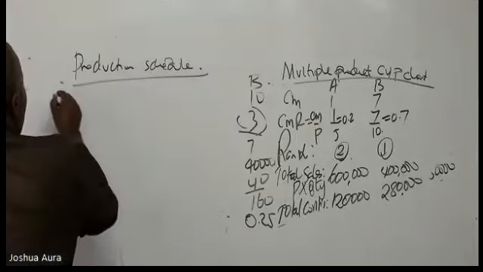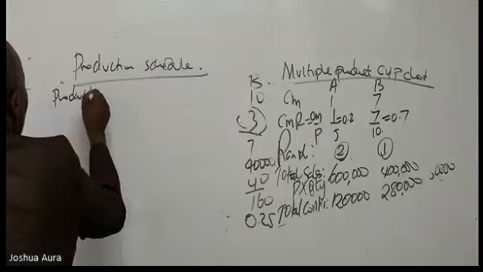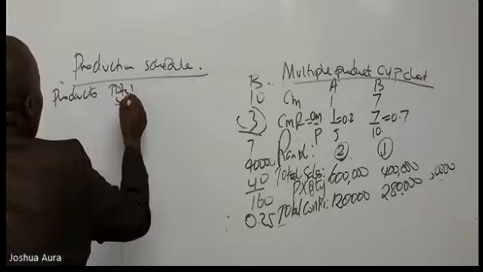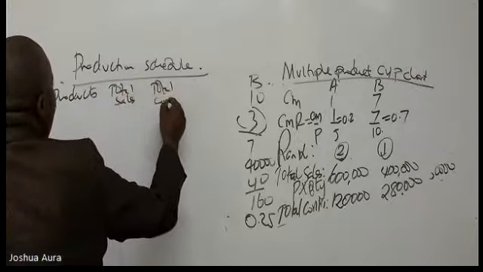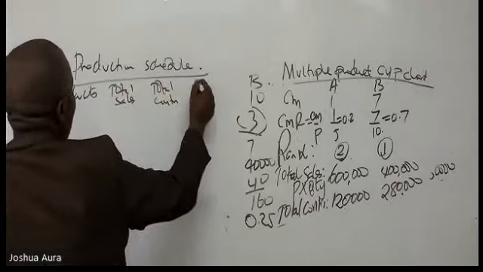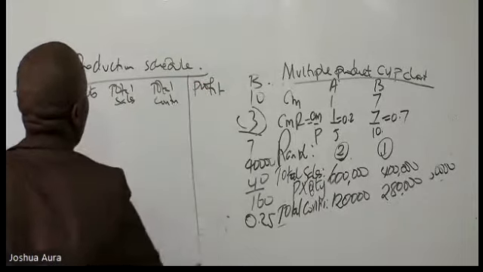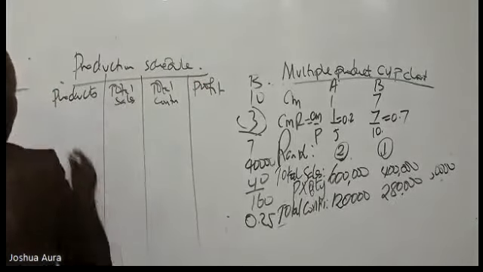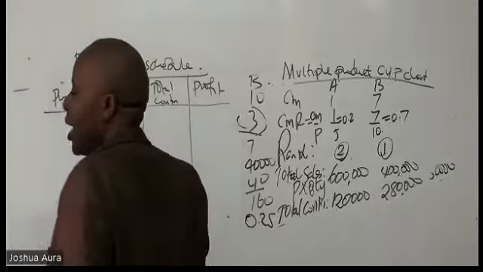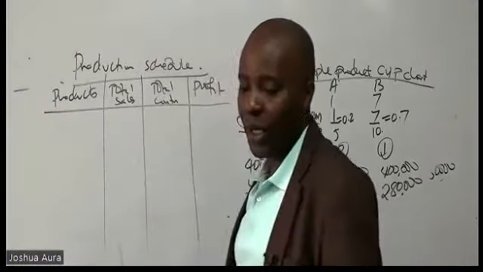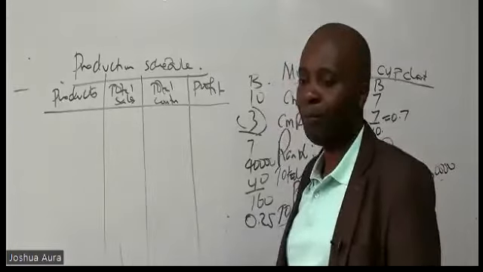In this case we have products, total sales, total contribution, and then profit, just like that. Very easy like that. I love it when it's a 2-product case.